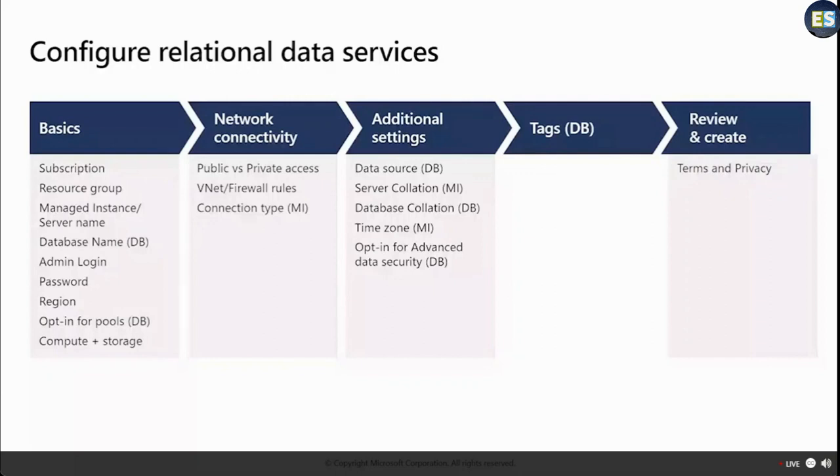After you've specified all these settings, you can then go and create, which will provision the data server for you. There are also additional settings and network connectivity settings that you can specify upon provisioning your databases, but you can also modify and update these settings once you've provisioned your databases and your data servers.